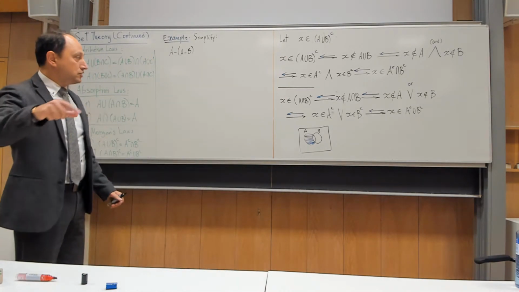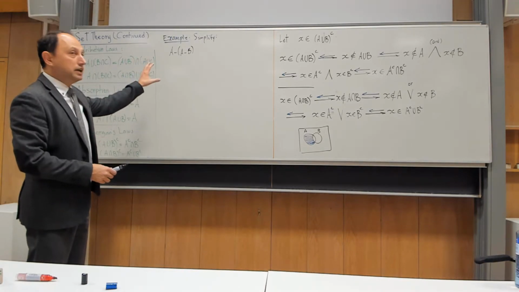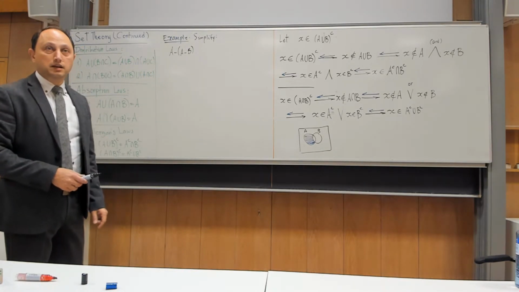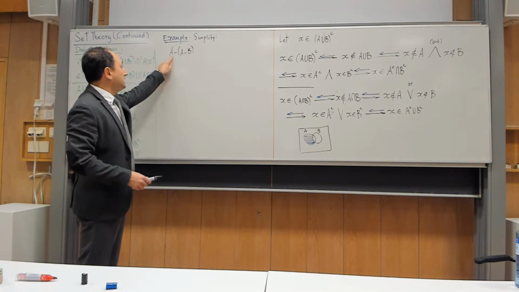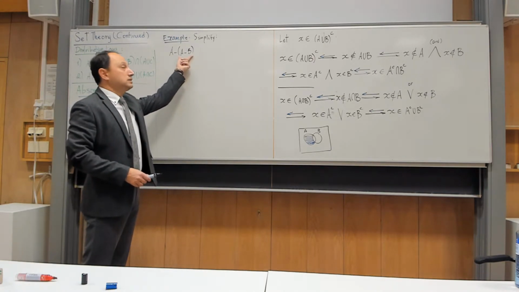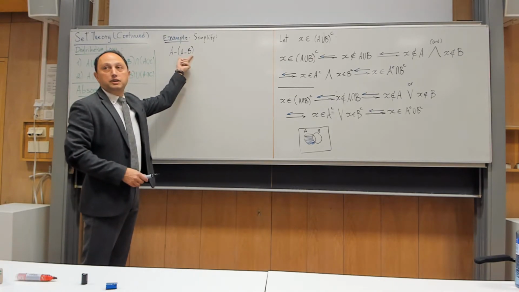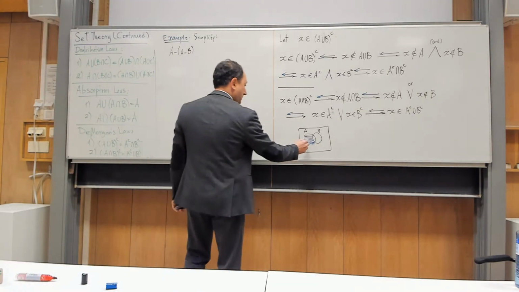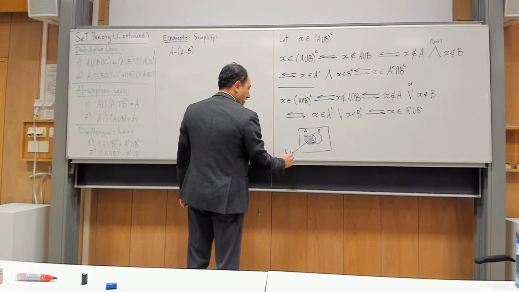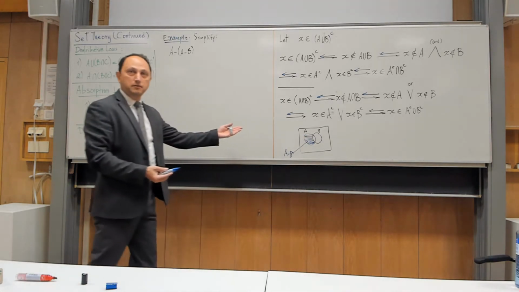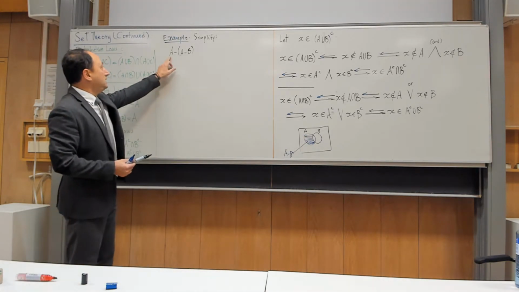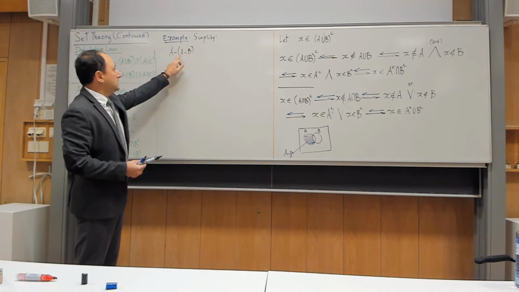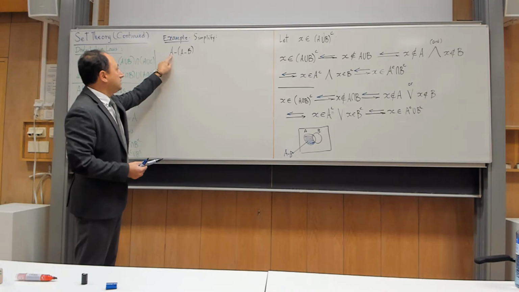Now I ask you again this question, A minus B means all elements that are in A, but they are not in this colored region. Yes, this colored region is A minus B. Agree? Now I am telling A minus the colored region means all the elements that are in the first set.